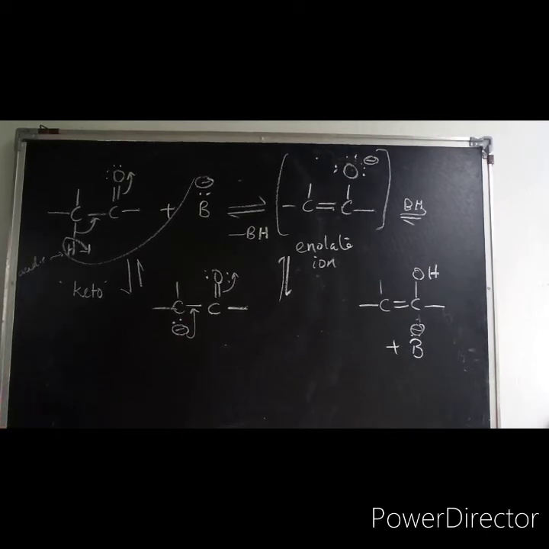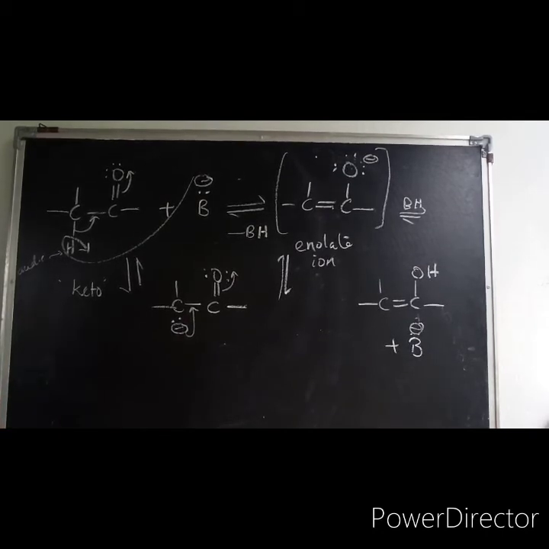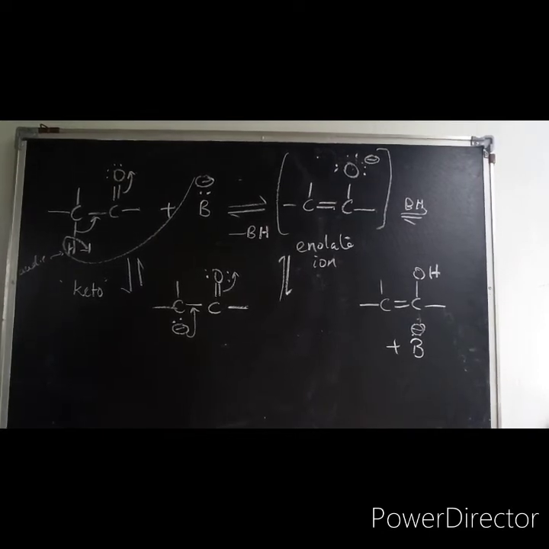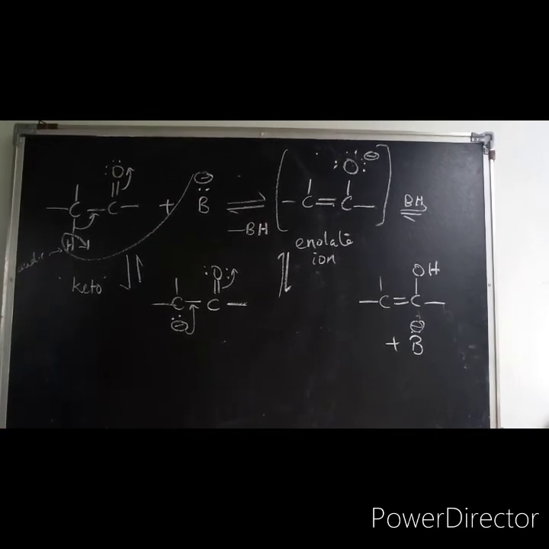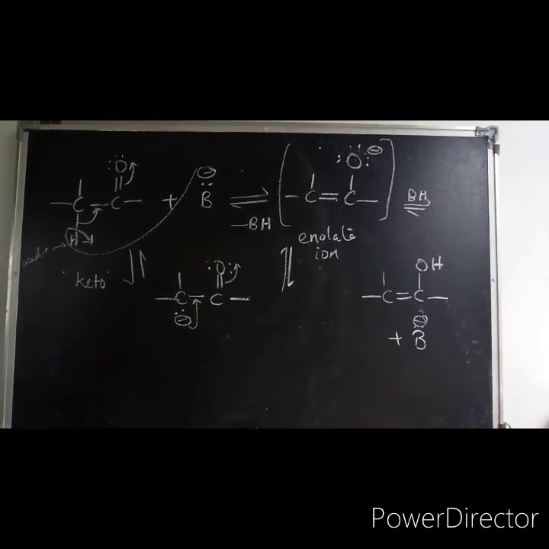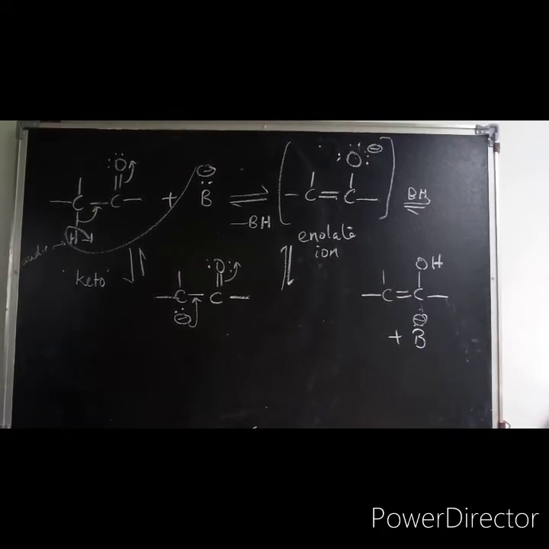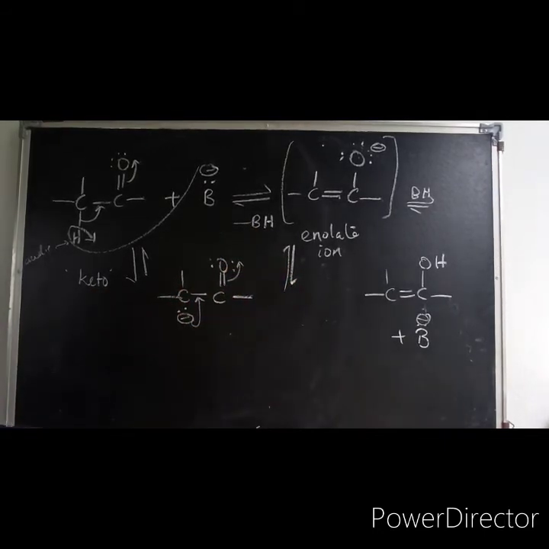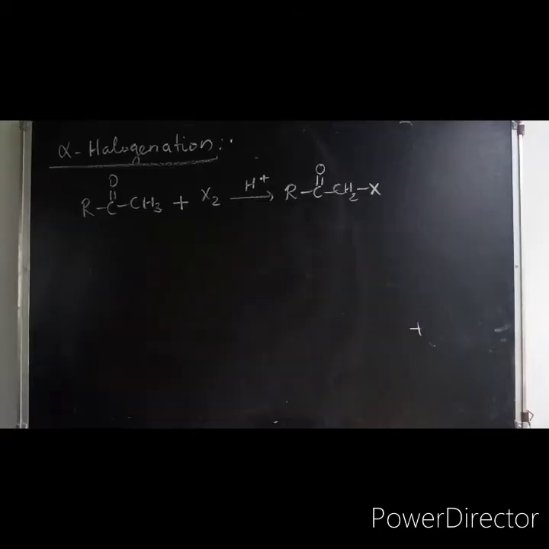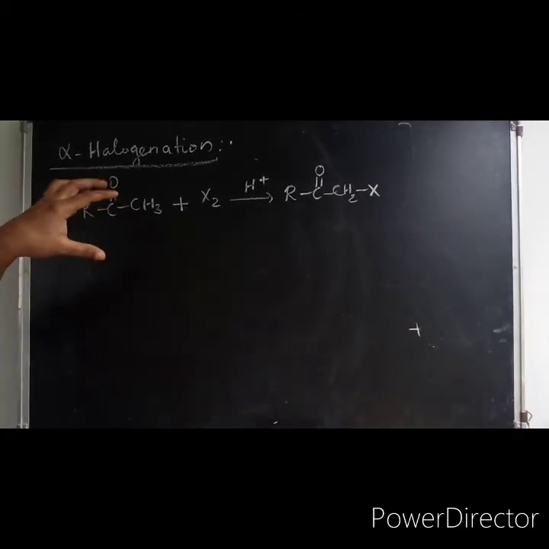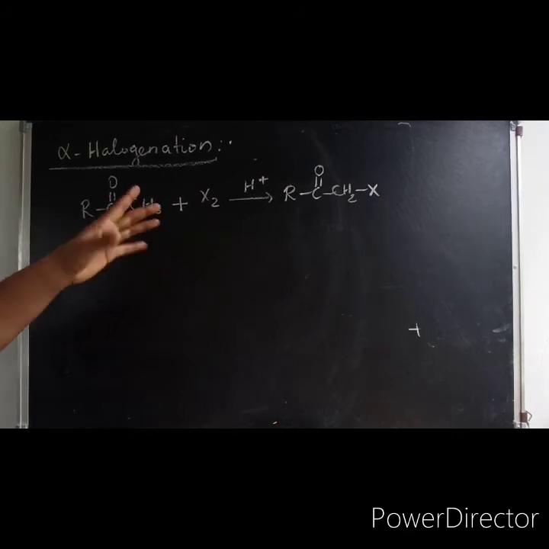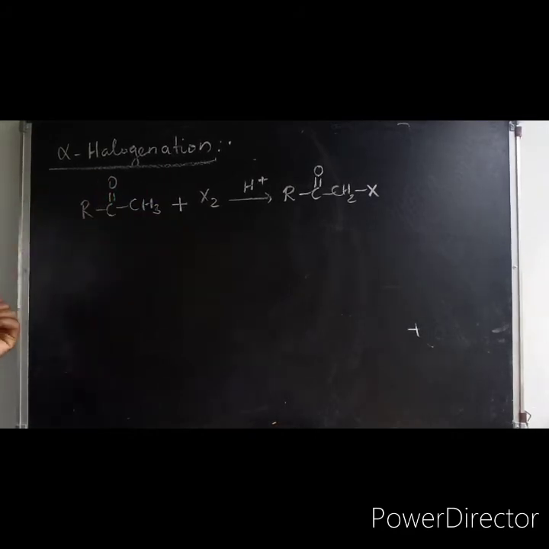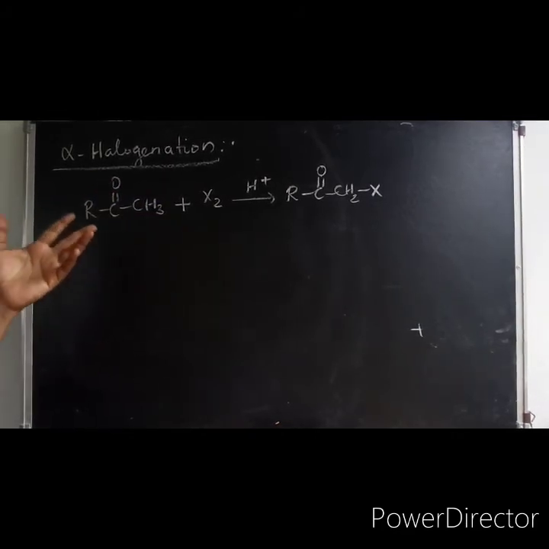Even though the enolates cannot be isolated and are present only to a small extent at equilibrium, they are actually responsible for the reactivity of carbonyl compounds, which have high reactivity because of this enolization process. So based on that, we have a variety of reactions we will look into. As I said earlier, this enolization process is responsible for the reactivity of carbonyl compounds.